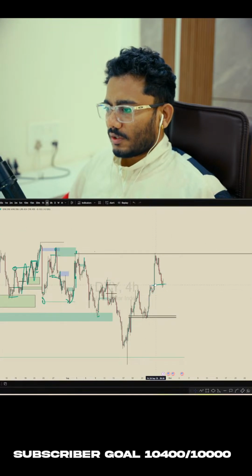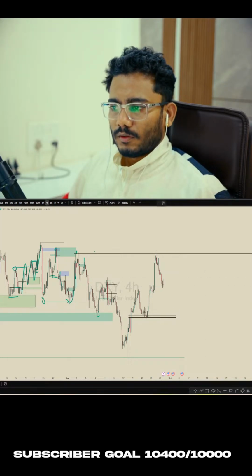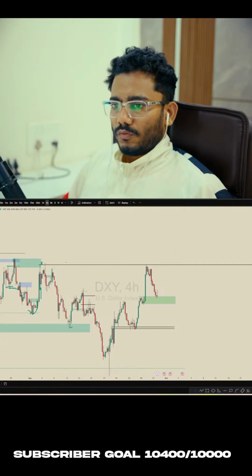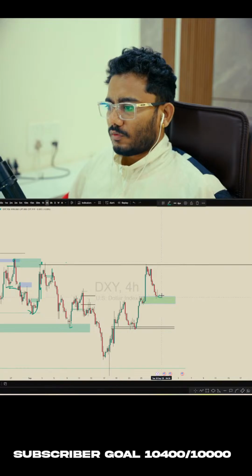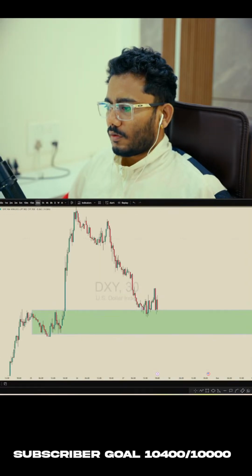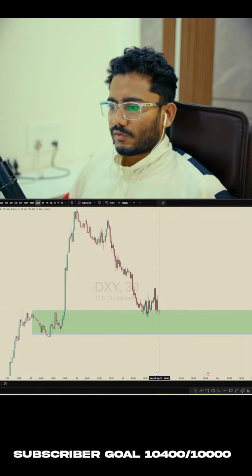Price broke the structure, created this new order block here. So we could see reaction from here to the upside. So probably we already have this reaction to the upside.